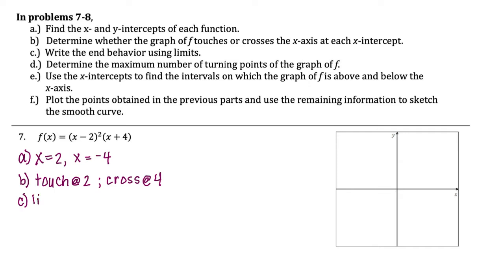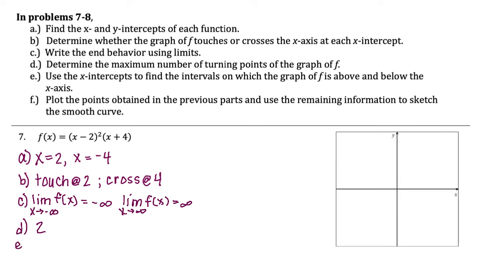So we're going to say the limit as x approaches -infinity of f of x equals -infinity, and the limit as x approaches +infinity of f of x equals positive infinity. Part D, determine the maximum number of turning points. This looks like it should have 2.